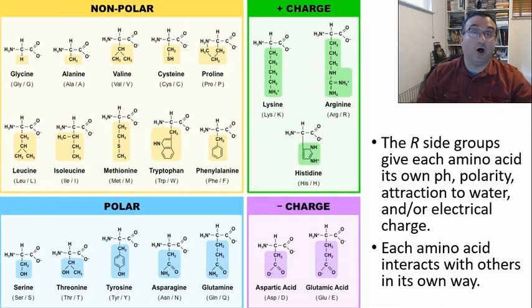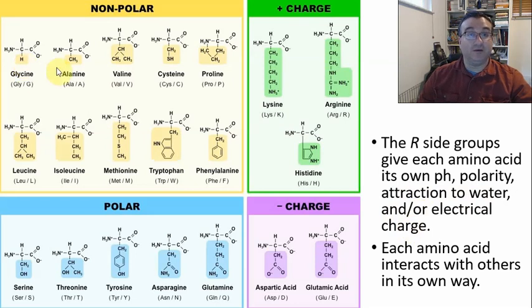So here we see all the different amino acids that we might run across in a more advanced biology class. You don't have to know these now in an introduction to biology, but you can see that the R group gives each amino acid its own characteristics: pH, polarity, attraction or repulsion away from water, and or electrical charges can be found.